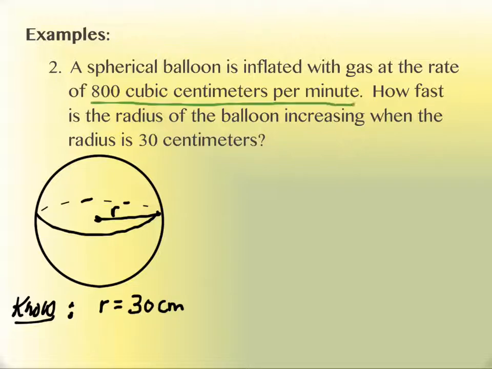Yeah, something about this. This is a rate. There's a rate of 800 cubic centimeters per minute. But what is that? It's a rate, so it's something over time, dt. What over dt? Well, we could call it dx, but what would x be represented in terms of the context of this picture?